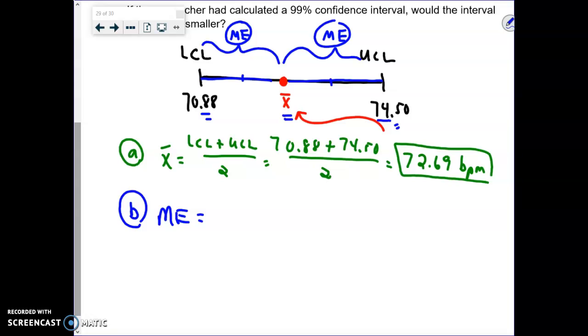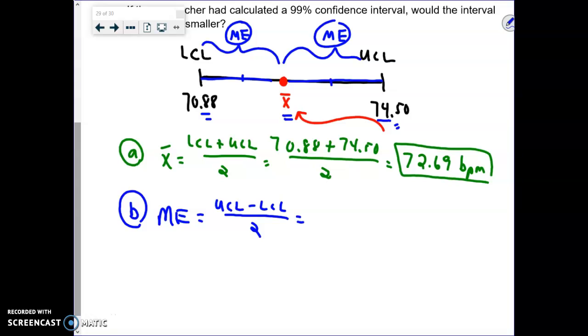Either way, that works. Or, if you remember back to your algebra days, you can take your upper confidence limit minus your lower confidence limit and divide that by 2. In other words, find the length of the interval from 70.88 to 74.5, and then divide it by 2.